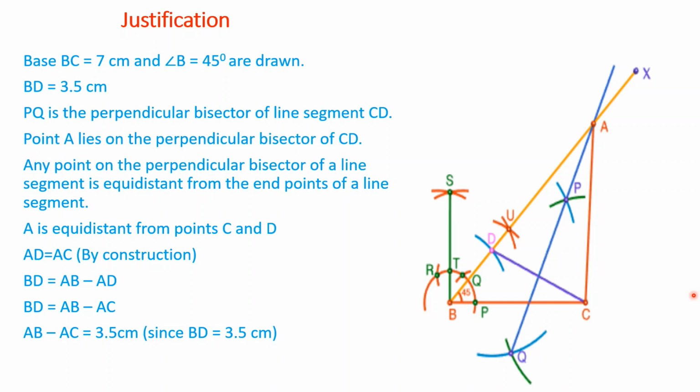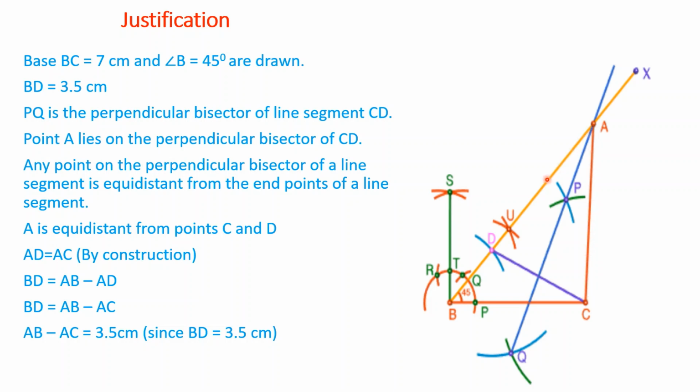Now we have to justify our construction, that ABC is a triangle where BC is 7 cm, angle B is 45 degrees, and the difference between the two sides, AB one side and AC the other side, is 3.5 cm.